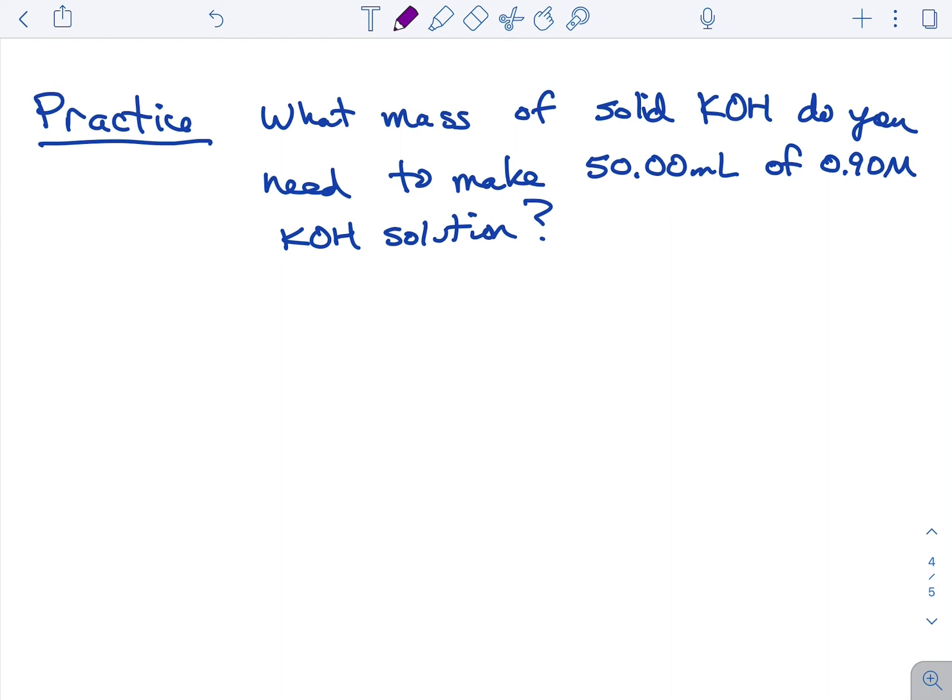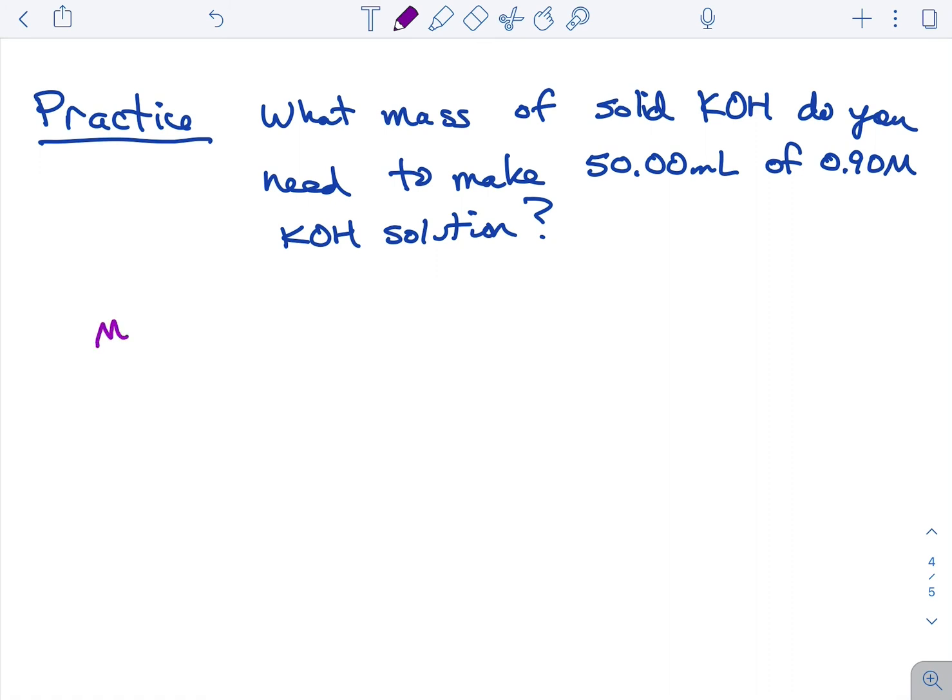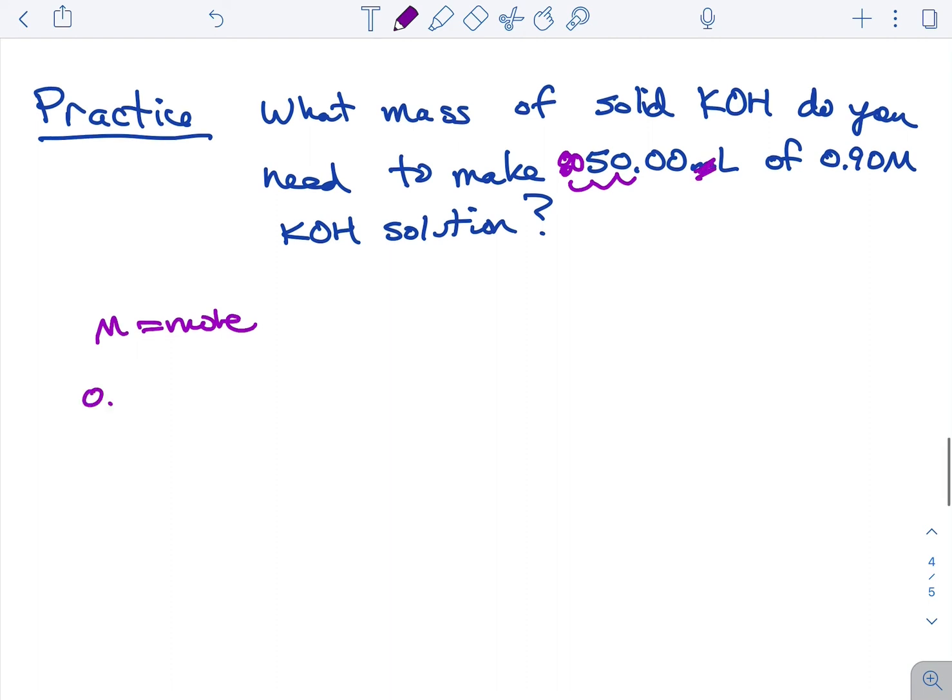All right, so again, we're going to use the molarity equation. And we know that we need to move this 3 times. So that's 0.050 liters. We got 0.90 molar equals the number of moles over the 0.05000 liters of solution.